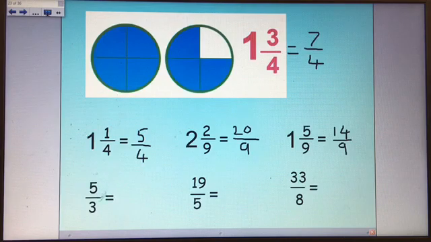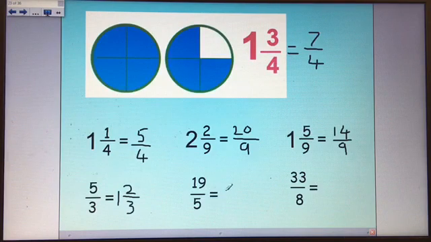This one, this improper fraction here, 3 goes into 5 once, and then there's 2 left over, so it's 1 2/3. If you notice when I do my mixed numbers, I always make sure that this number here is right in between the line, because if you put it higher, it could look like a 12. It could look like an improper fraction of 12/3.